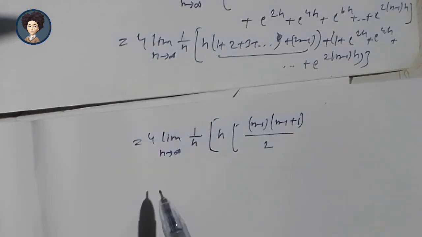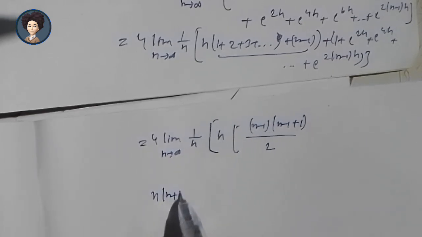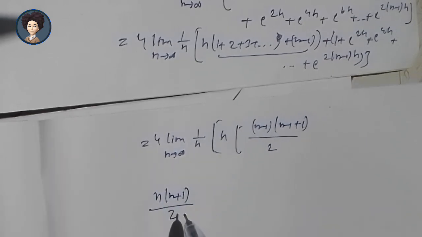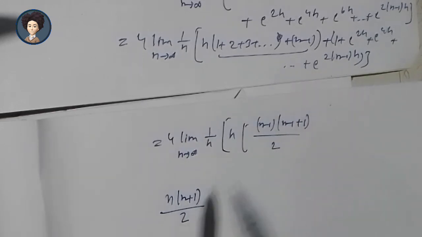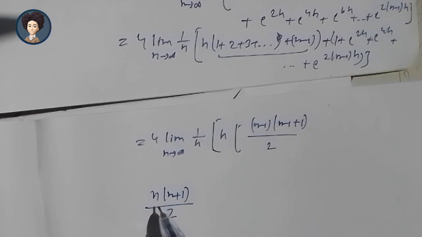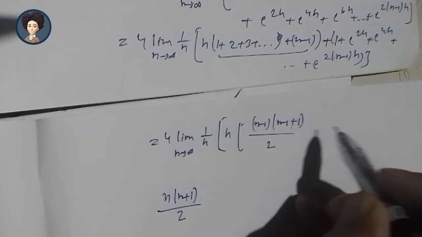Since for any n terms we know the formula as n into n plus 1 divided by 2. But here we have n minus 1 terms, so we just have to substitute n as n minus 1. So we got this one.